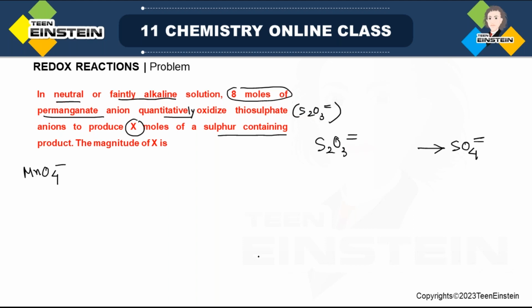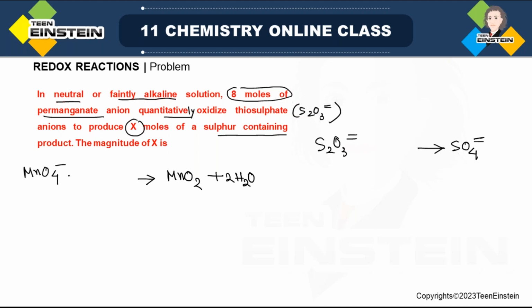In acidic medium, MnO4 minus's fate is Mn2 plus. But when it is neutral or faintly alkaline, its fate is not Mn2 plus but MnO2, where the oxidation state is +4. But we are solving by the half reaction method. So MnO4 minus is converted to MnO2. To balance the oxygen, we have to add 2H2O.